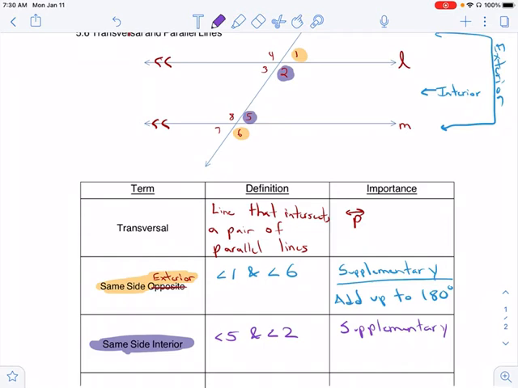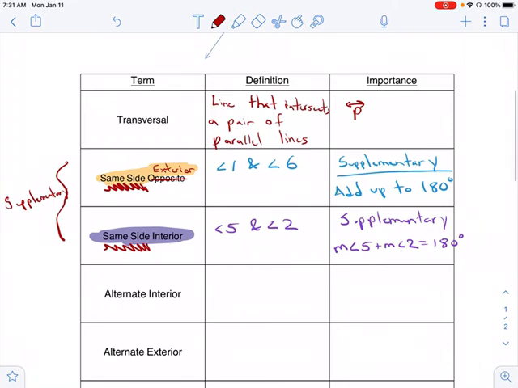The math notation for that would be the measure of angle 5 plus the measure of angle 2 equals 180 degrees. That's just the very formal way that we would write that. They add up to 180. Generally what I'll say, just to remember it for myself, is same side supplementary, so we get all those S's in a row there. Same side supplementary. An alliteration.